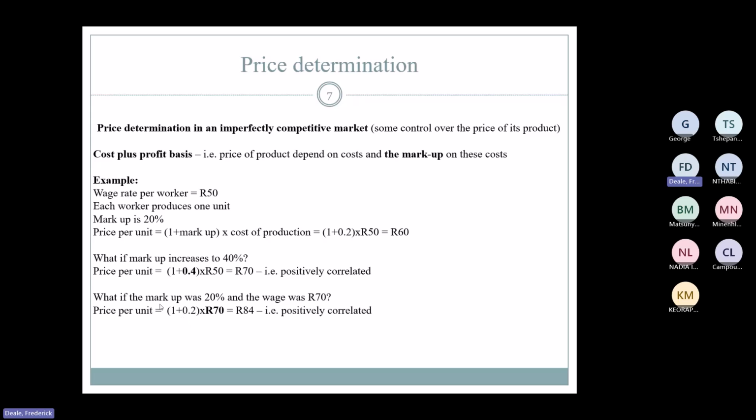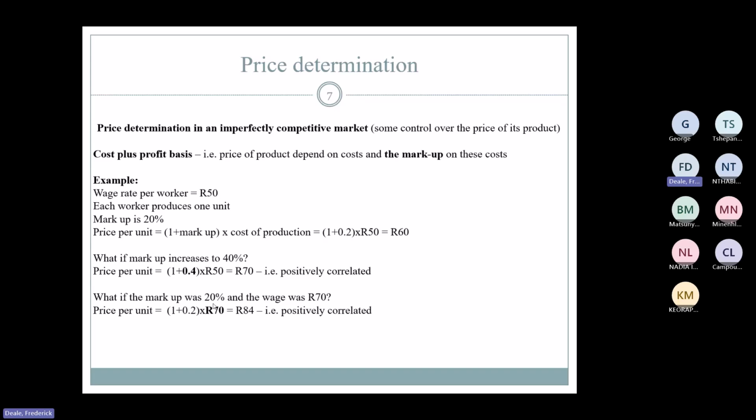So this is just for those of you that don't use calculators frequently, just remember to put that in brackets, or just say 1.2. So do the maths in your head and say 1.2 or 1.4, because 1 plus 0.4 is 1.4, and same with 1 plus 0.2, right?